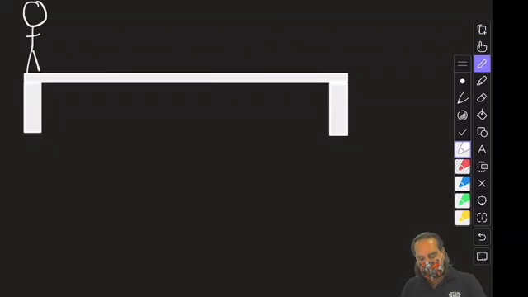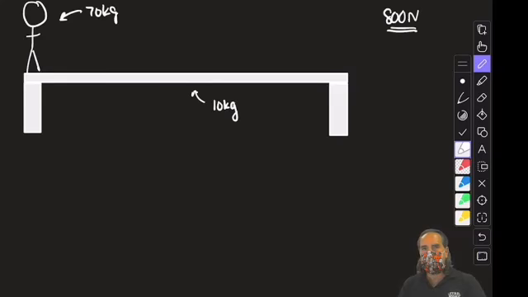Let's say the board itself has a mass of 10 kilograms and you have a mass of 70 kilograms. Together, you and the board weigh 800 newtons.